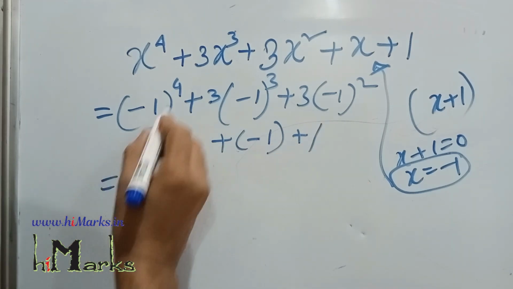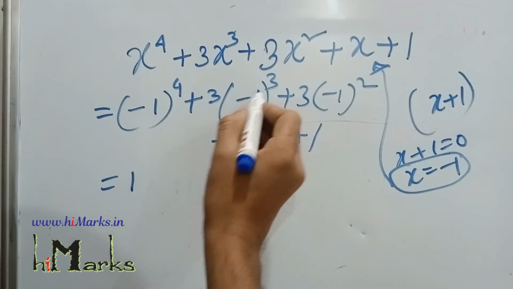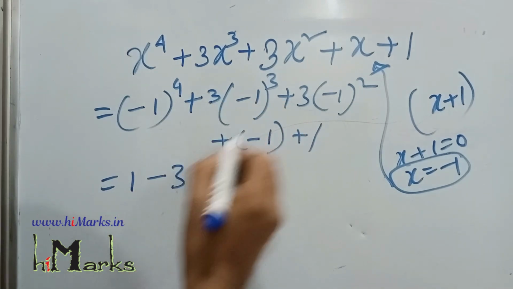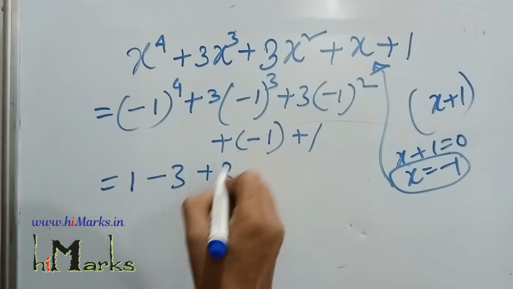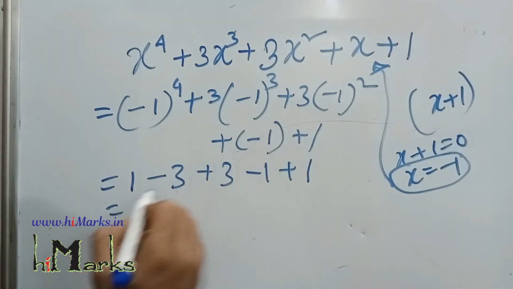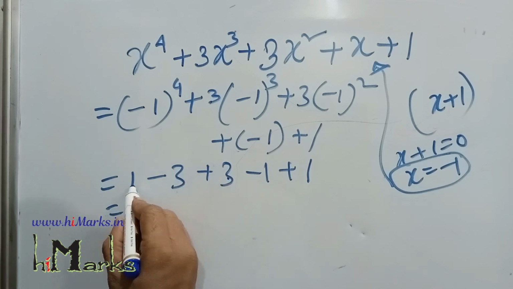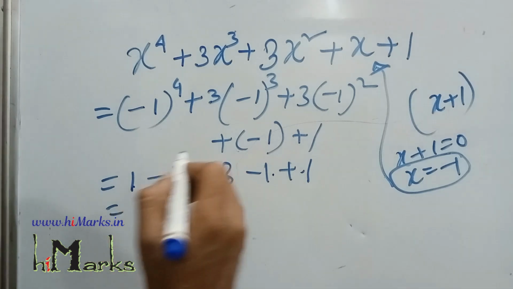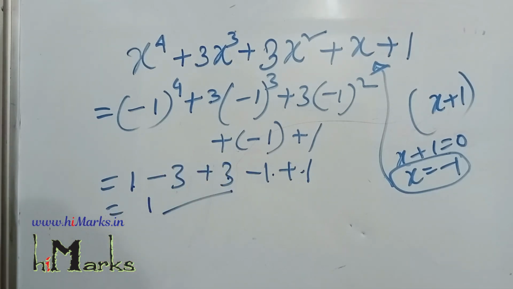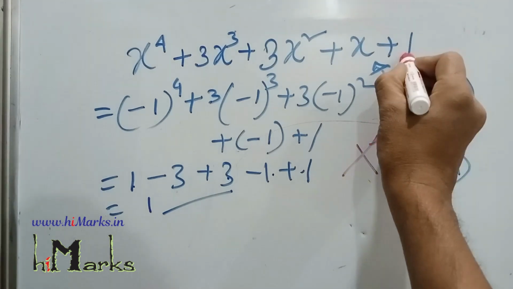After simplification, what do we get? This is 1, this is minus 3, this is plus 3, this is minus 1, this is plus 1. So minus 3 and plus 3 is 0, and 1 and minus 1 is 0, leaving 1. This shows that x plus 1 is not a factor of this expression.